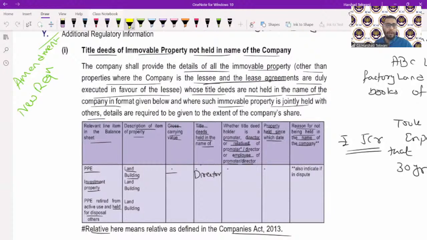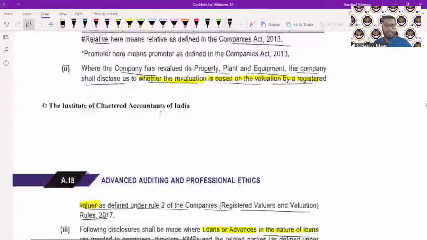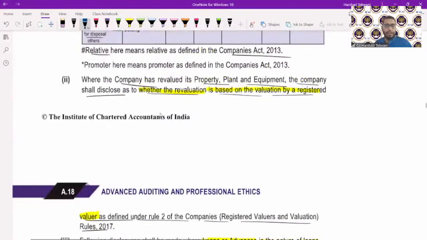The first additional area is title deeds. The second additional area is registered valuer for revaluation.